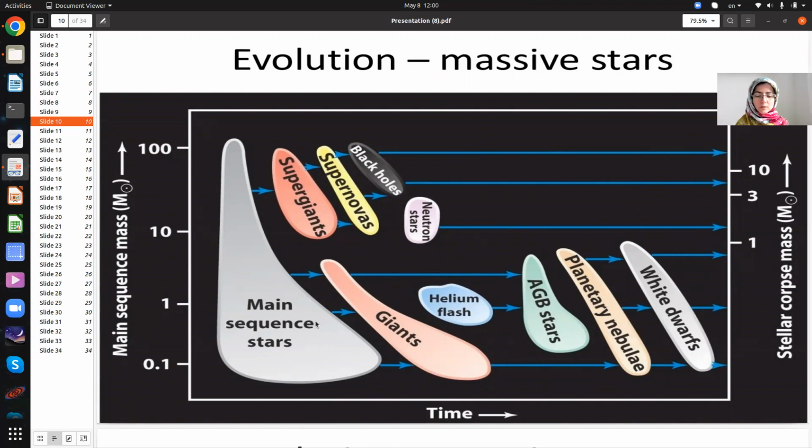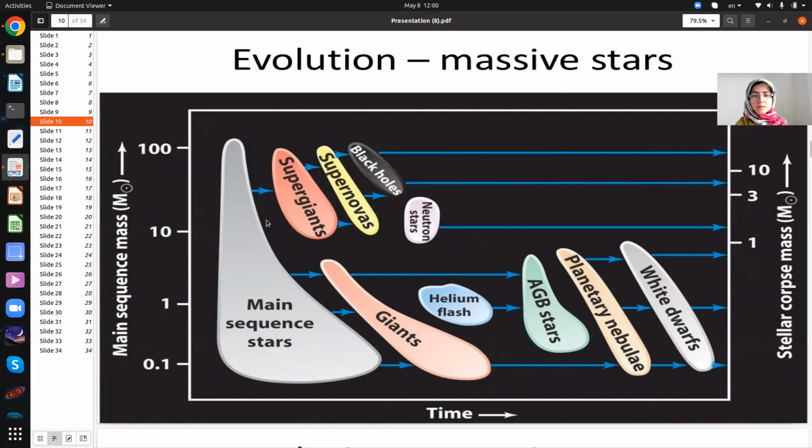After the main sequence, our sun becomes a subgiant, and then a red giant, helium flash, AGB or asymptotic giant branch star, and planetary nebula, white dwarf, and these are for stars less than 2.5 solar masses.